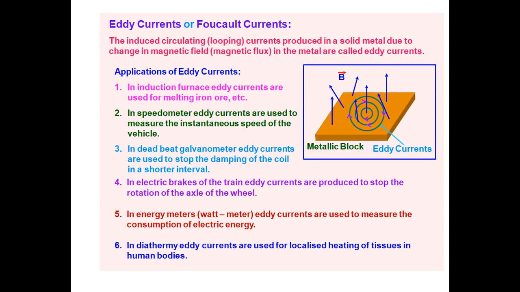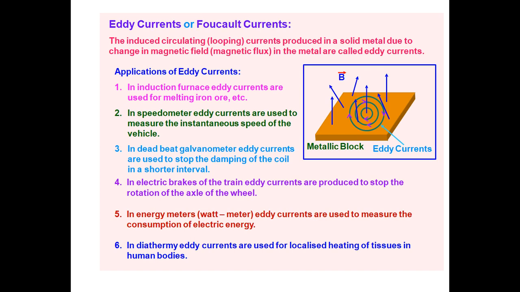In a dead beat galvanometer, eddy currents are used to stop the damping of the coil in a short interval. In the electric brakes of a train, eddy currents are produced to stop the rotation of the axle of the wheel.